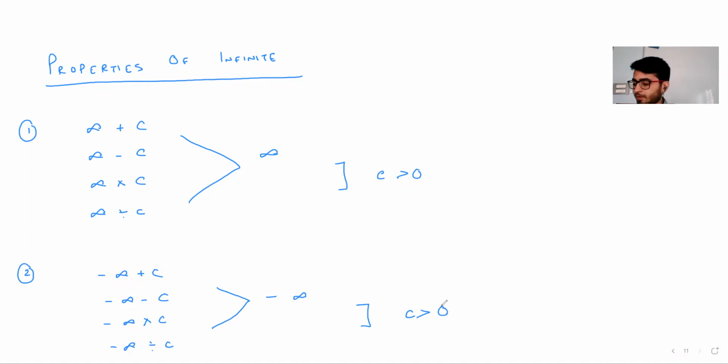Similar reasoning: however big or small a number you might add or subtract to minus infinite, the resulting answer will be minus infinite. However small a positive number you might multiply with minus infinite, the resulting answer is going to be minus infinite only. However big a positive number you might divide minus infinite by, the resulting answer is going to be minus infinite only.